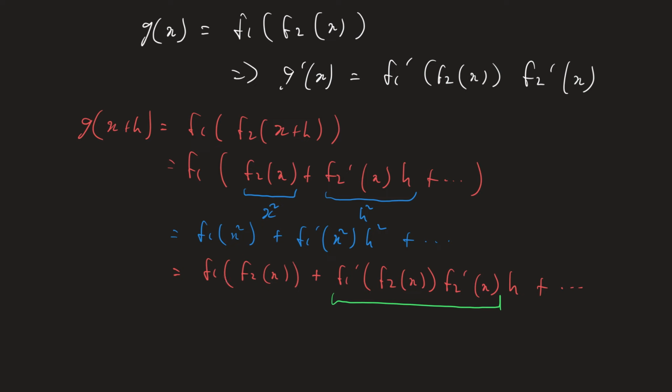And now all I do is I replace x tilde with f2 of x, and I replace h tilde with f2 prime x times h to get this expression here. And the term in front of my h is the derivative here, so we've proven the result.